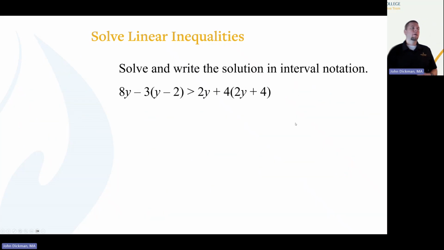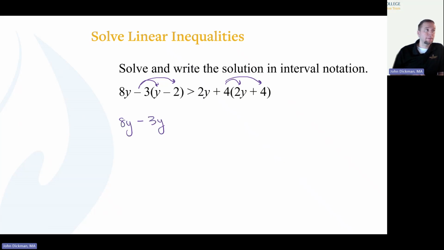All right. So we're going to try another one here. We're going to solve this. The first thing I'm going to do is solve it like an equation. So my first step would be distribute. 8y minus 3y plus 6, -3 times -2 is plus 6, is greater than 2y plus 8y plus 16.